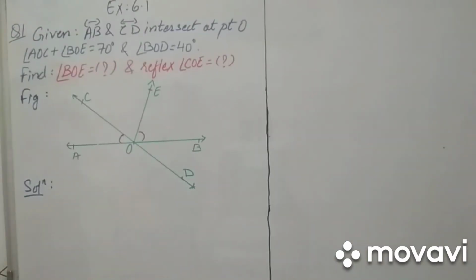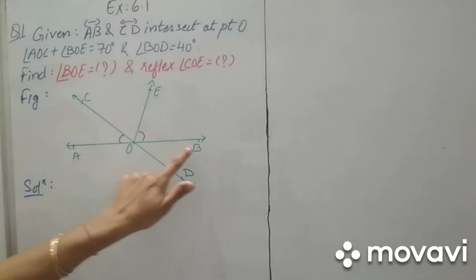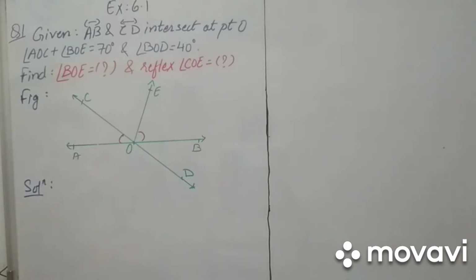Continuing further with exercise 6.1 question number 1. What is given to us? 2 lines AB and CD are intersecting at a point O, and a ray OE is also there. And what else is given?